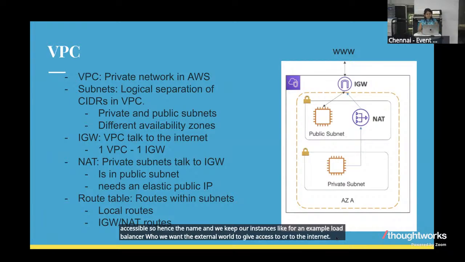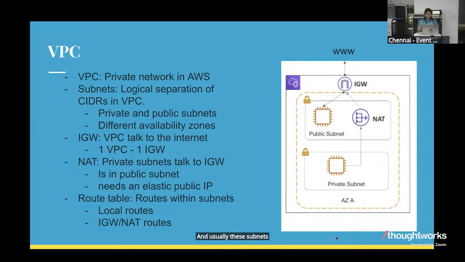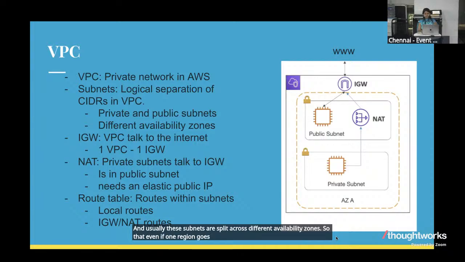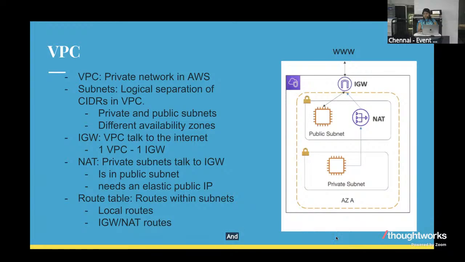And usually these subnets are split across different availability zones, so that even if one zone goes down, you can use the other to give us what is required. And the main heroes of this VPC network are the internet gateway as well as the NAT gateway. The internet gateway is used by the VPC to get access to the external internet and the world.